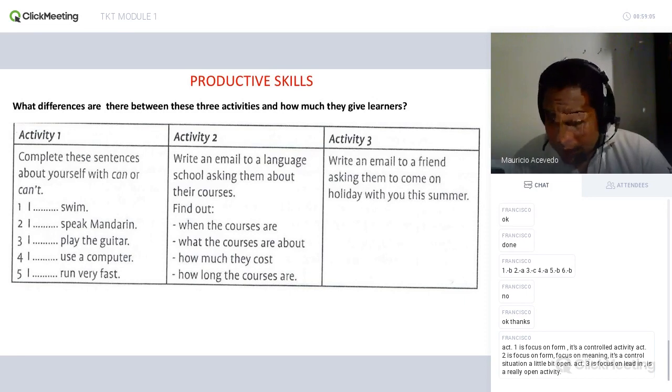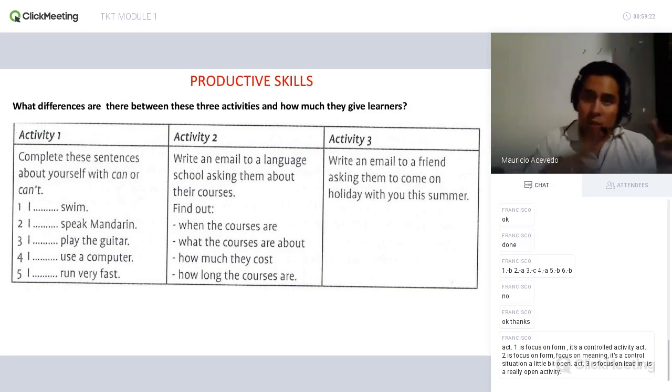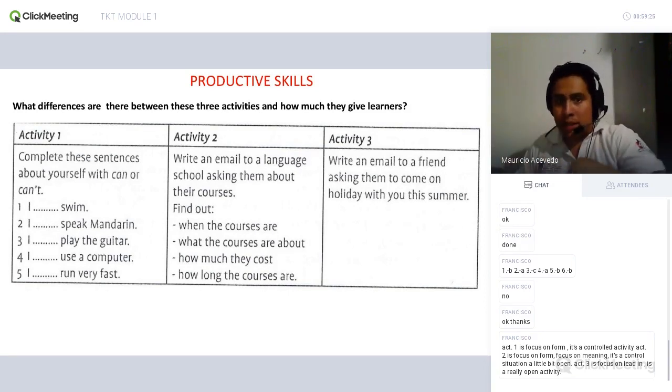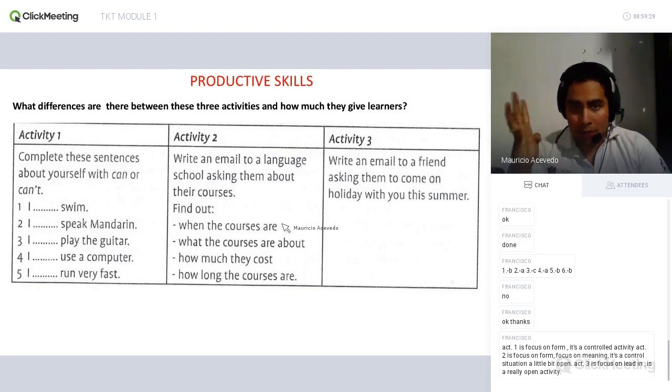Okay. In activity number two, it's focus on form one more time, according to you, and focus on meaning because you need to give an opinion. And it is a controlled situation with a little bit of open. Very good. So it's like both, right? It is controlled, but at the same time, you also let your students go on because here we have four options, right?